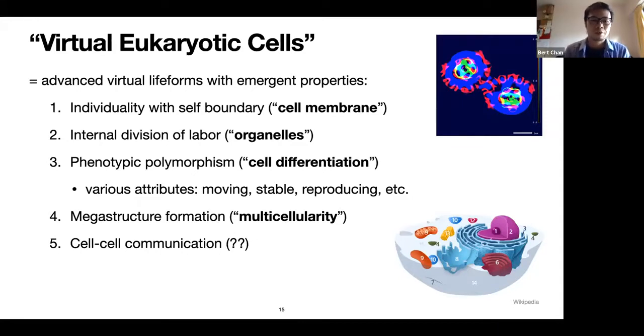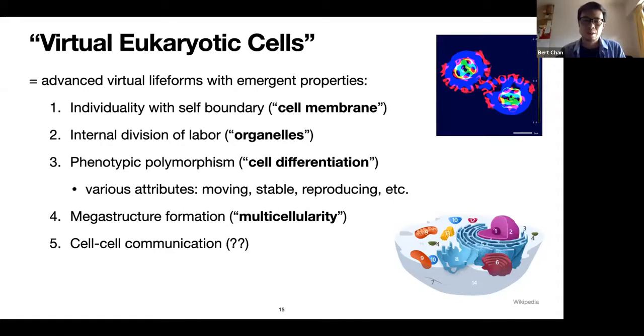They also have phenotypic polymorphism that is like differentiation of the stem cells in our bodies. They have different roles: some of them are moving, some of them are stable, and some of them are self-replicating. These cells form tissues or colonies that are analogous to the multicellularity in eukaryotic cells.